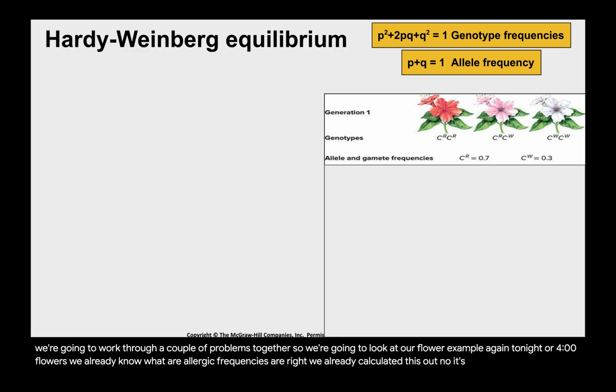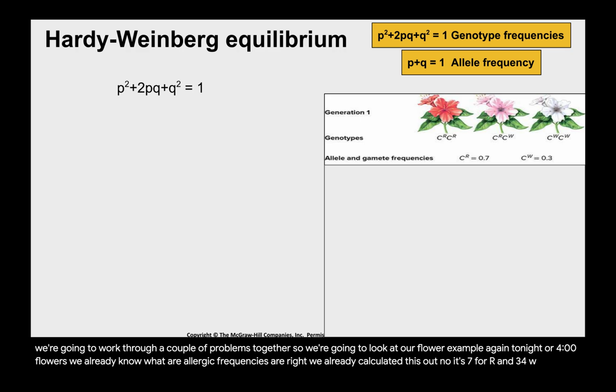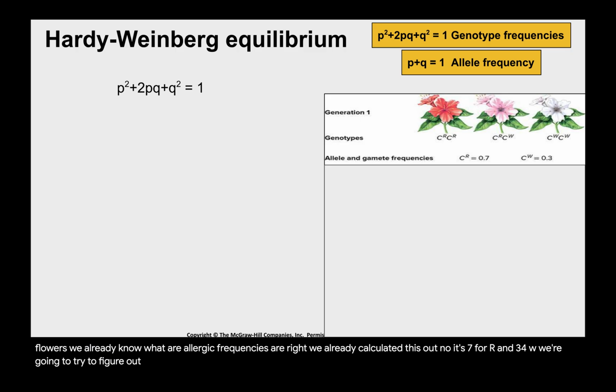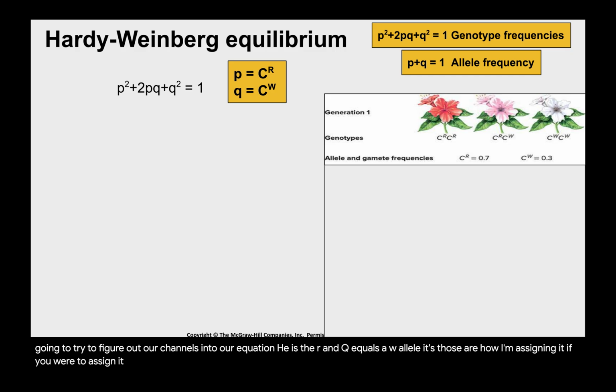It's 0.7 for R and 0.3 for W. We're going to try to figure out our genotypic frequencies by plugging these numbers into our equation. So p is the R allele and q equals the W allele. That's how I'm assigning it. If you were to assign it flip-flopped, you would get the same numbers in the end.